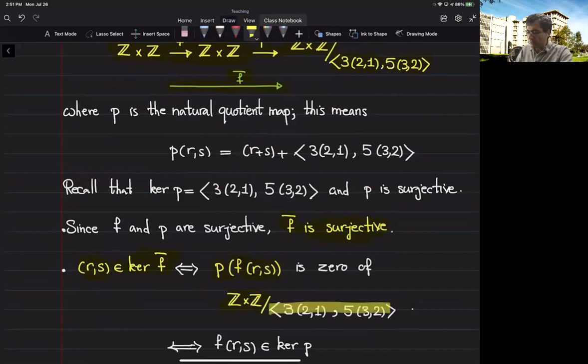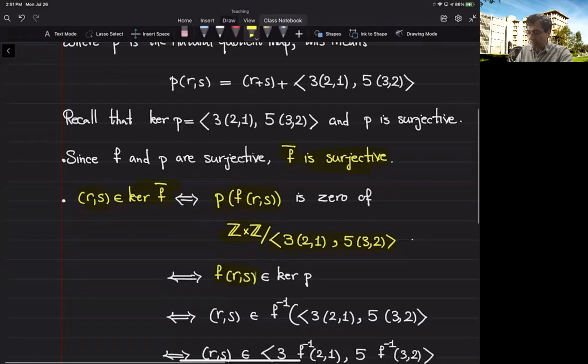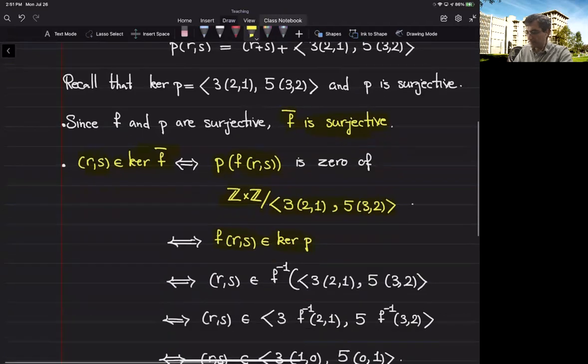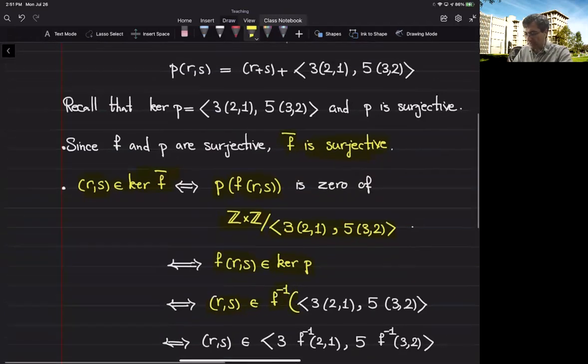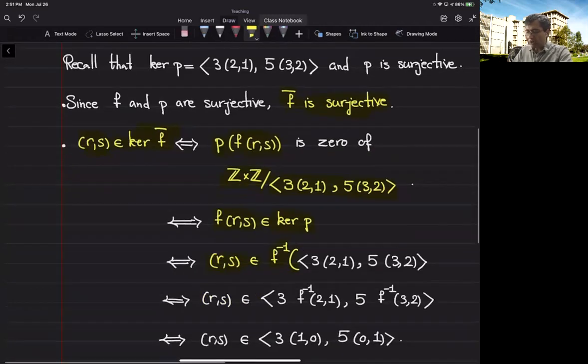But 0 in the factor group means that this element should be in the kernel of P. So F of (r, s) is in the kernel of P. And that means (r, s) is in the inverse of F applied to the kernel of P, but the kernel of P is this group. So this means the pair (r, s) should belong to F inverse applied to the subgroup generated by these two vectors.